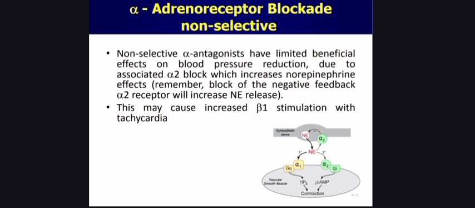But if I have a non-selective drug that's going to block the alpha 1 and alpha 2, will it really have a clinical effect on lowering the blood pressure? Actually, not so much. Why? Because we said we block the alpha 1.